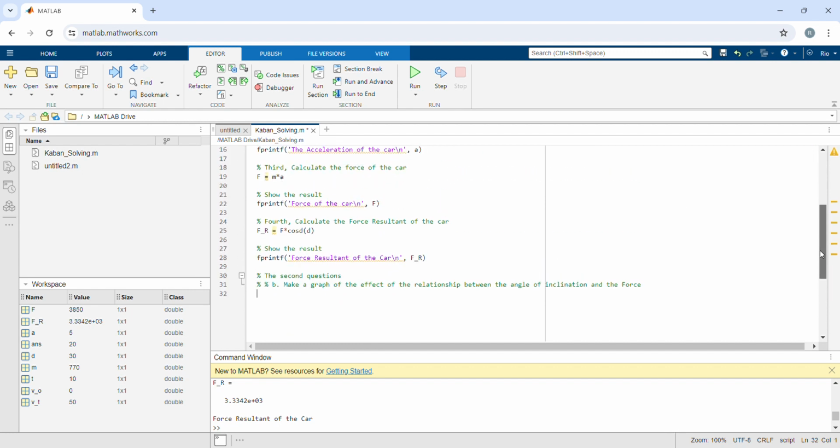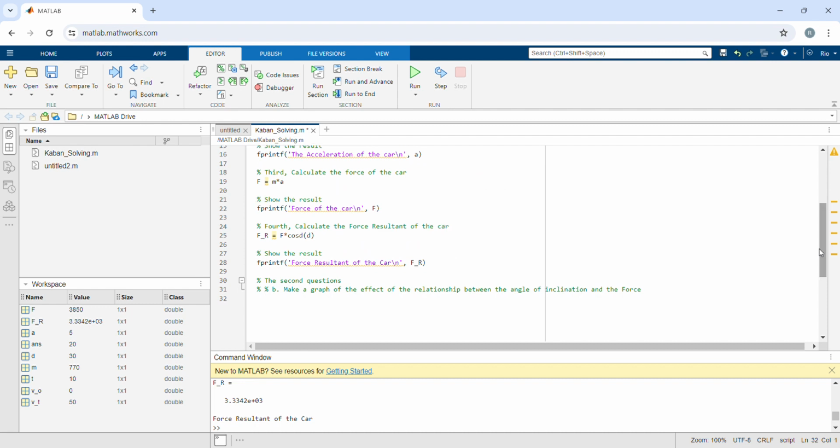How do we solve this problem? So the first, don't forget to input the data. The angle of inclination, we can symbolize it by X. We will create the X. The X is for the angle.